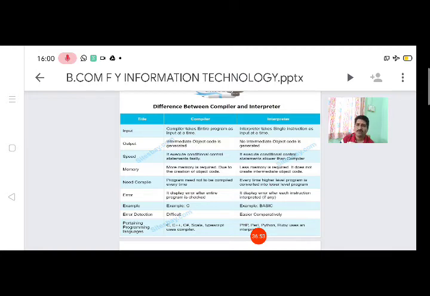The next basis of comparison is speed. Compiler speed is comparatively faster, and interpreter speed is slower.